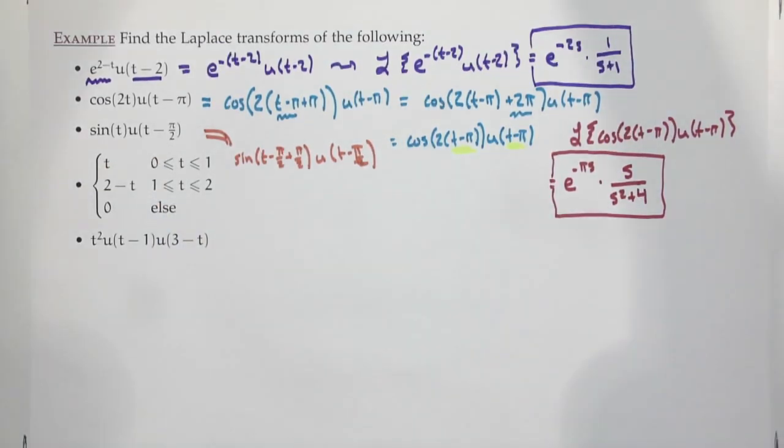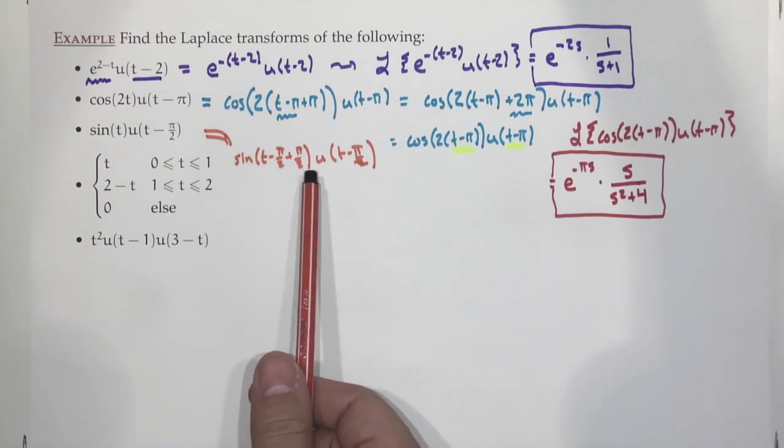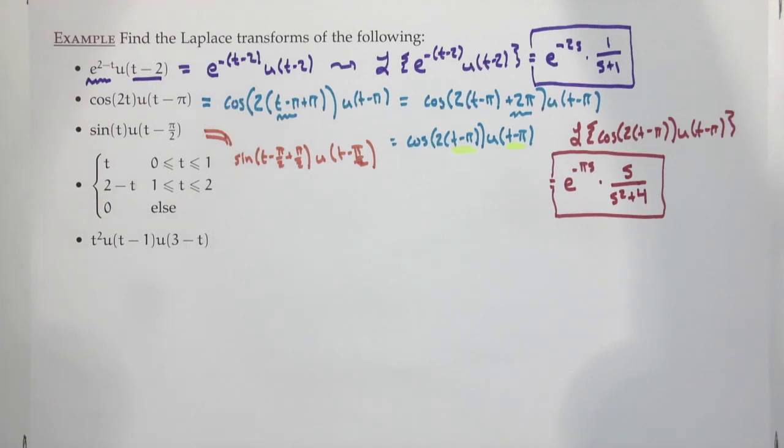All right. Let's test your trig knowledge. If I add pi halves to the inside of the sine function, what do I have? What is it? It's cosine.